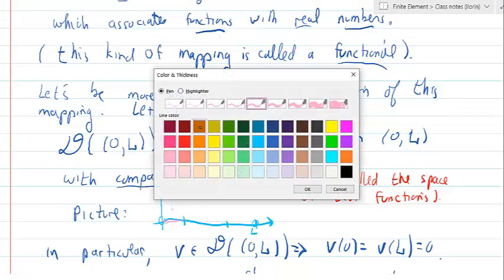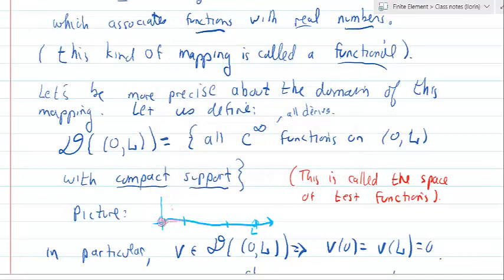I'll make it like this. So 0 here, and then here it can start to go up, and it has to go smoothly down to 0 again, because it has to have all derivatives, and then it's identically 0 here. So the function is identically 0 here and here, and there's a smooth transition from 0 to non-zero values.